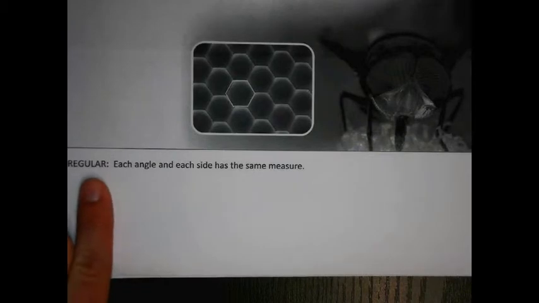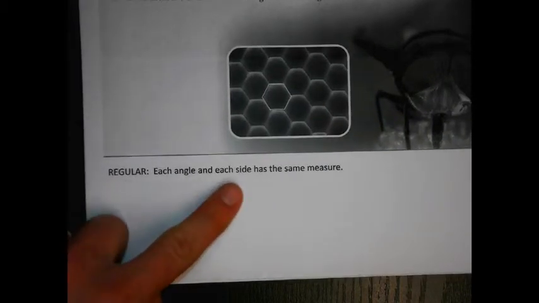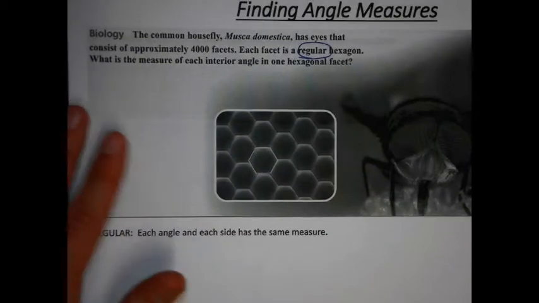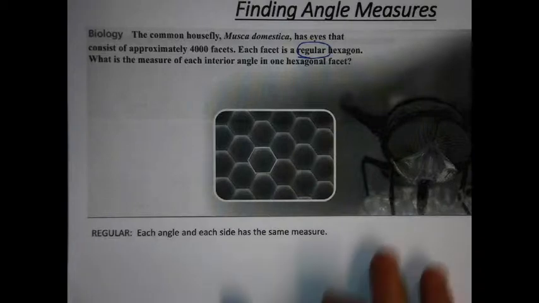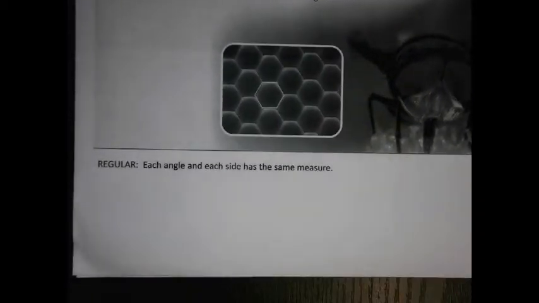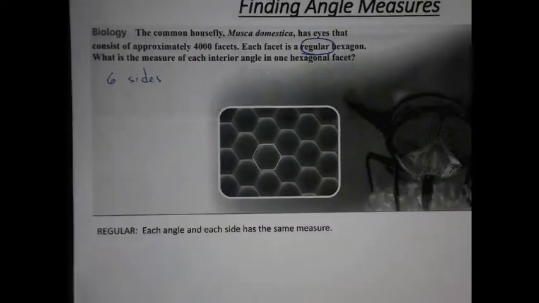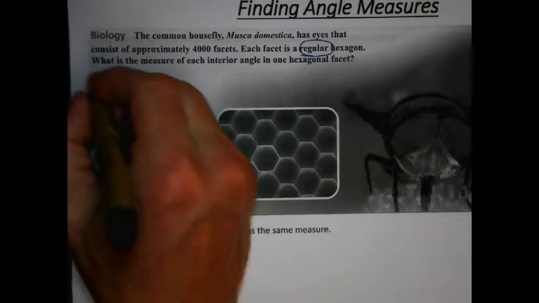So you got to remember, regular. What does regular mean? Regular means that each angle and each side has the same measure. Okay, so that's how we can approach this. Now we're looking for each interior angle. Well, what's going to be the total angle sum of a hexagon? Now, first of all, we got to know a hexagon means it has 6 sides. Okay, so we have to find the total interior angle measure, right?